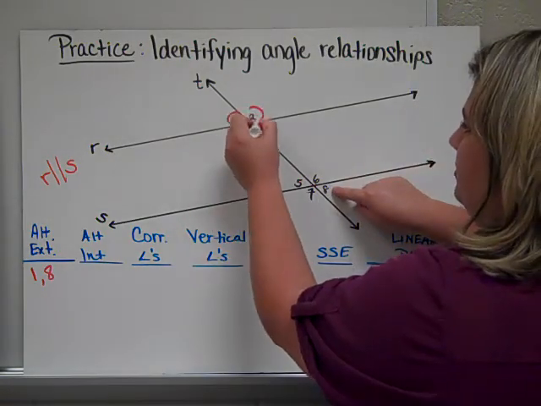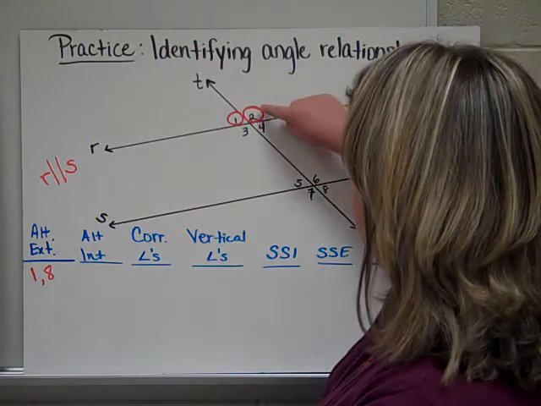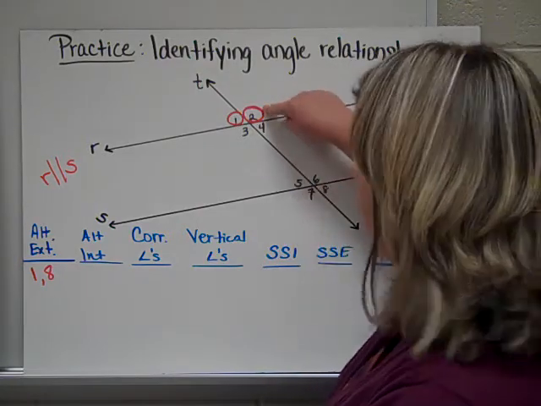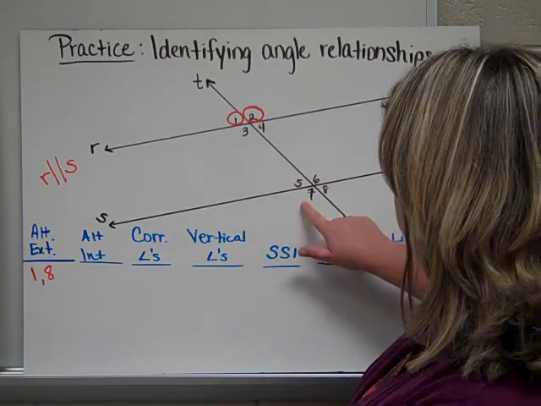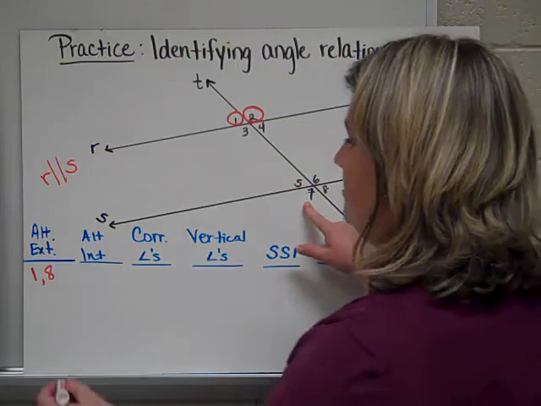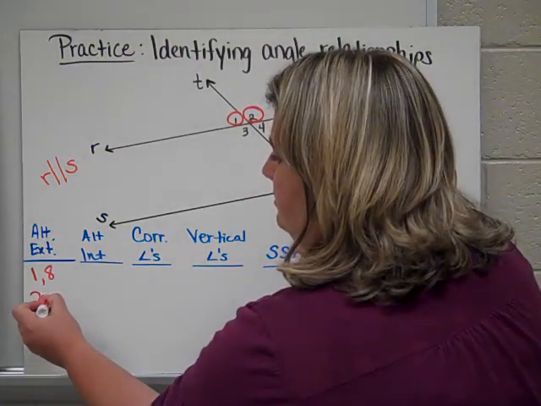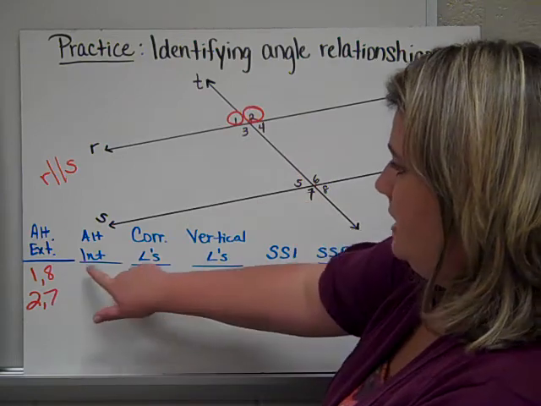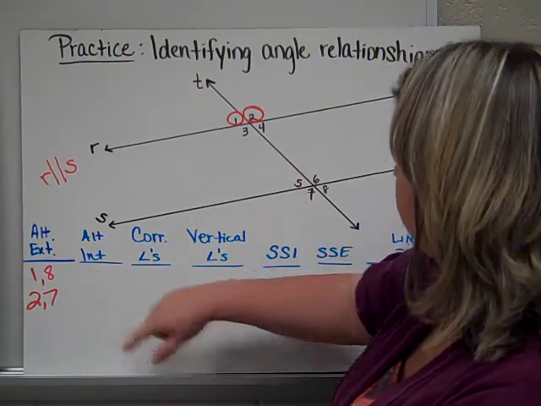Let's go to angle 2. Which angle would be its pair for alternate exterior? Angle 2, go outside for exterior, and the opposite side of the transversal would be angle 7. So angle 2 and angle 7. Now alternate interior.